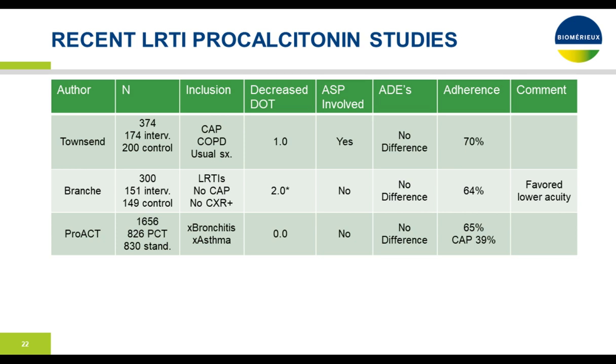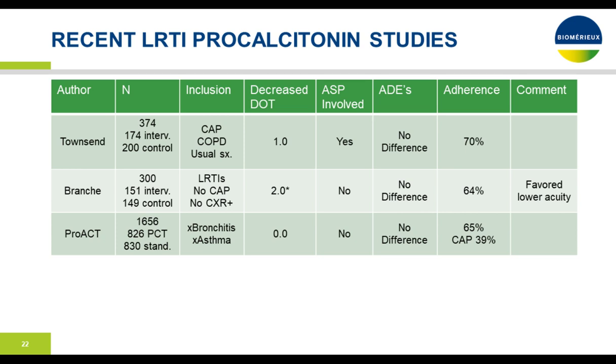So this was a moderate to high acuity patient population, and she still showed a 1-day decrease in antibiotic consumption. Most importantly, she involved an antibiotic stewardship team along with the procalcitonin level to drive this study. Antibiotic adverse drug events, there was no difference. And she had a robust adherence of about 70%.